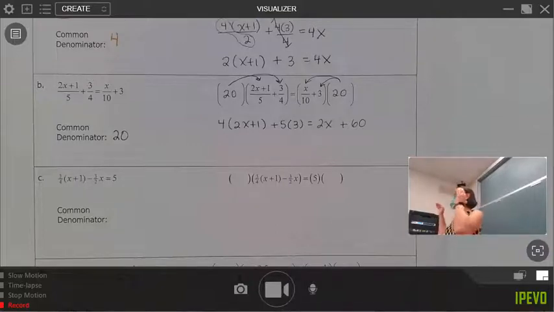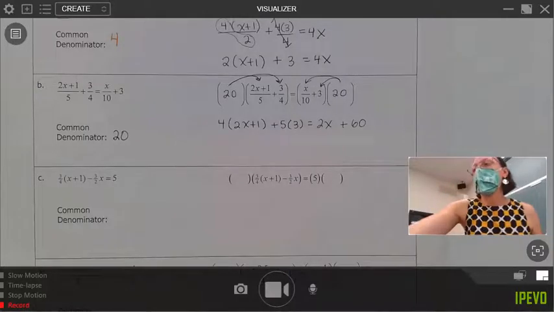Should I do this quickly or should I do this step by step? I am okay either way. So how many people would like to see it step by step? Okay, let's do that.